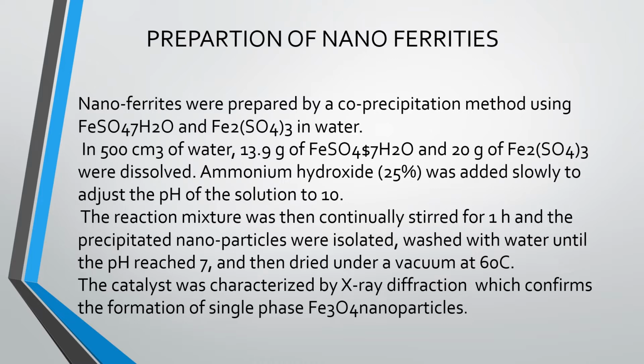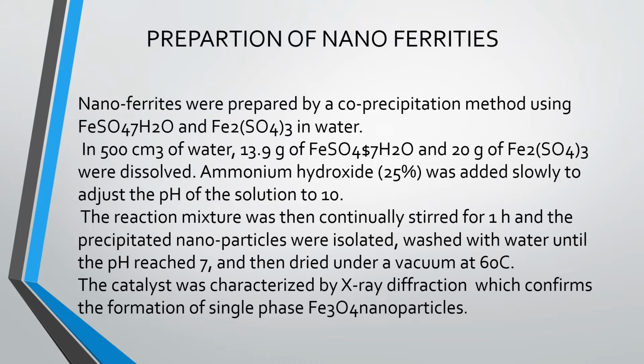Ammonium hydroxide 25% was added slowly to adjust the pH of the solution to 10. The reaction mixture was then continually stirred for 1 hour, and the precipitated nanomaterial was isolated, washed with water until the pH reached 7, and then dried under vacuum at 60 degrees Celsius.